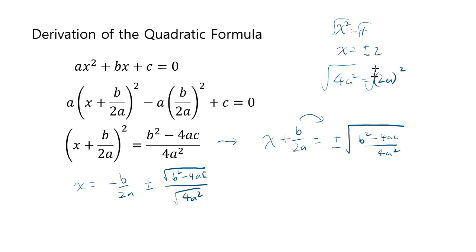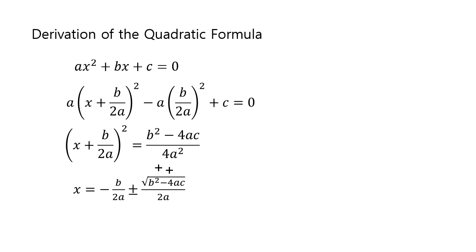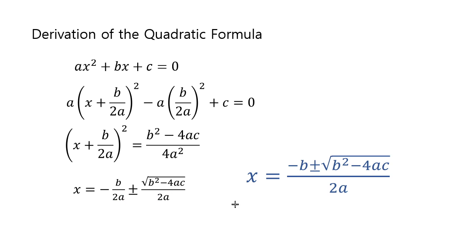So the square root of that would be just 2a. So we get negative b over 2a plus or minus the square root of b squared minus 4ac over 2a. And then finally, since they have the common denominator, you can put them together into a single fraction, and the result is this beautiful equation.